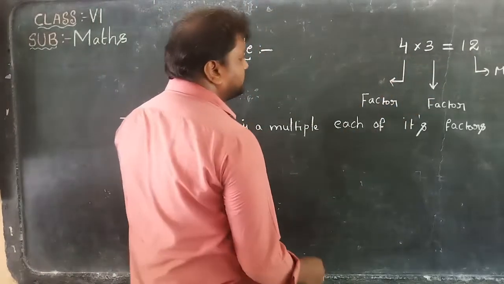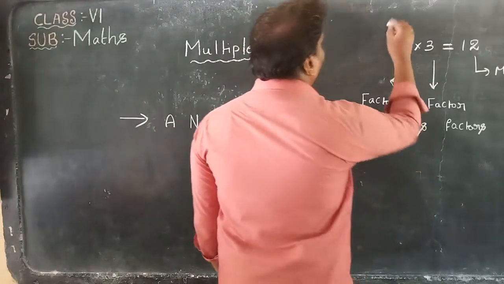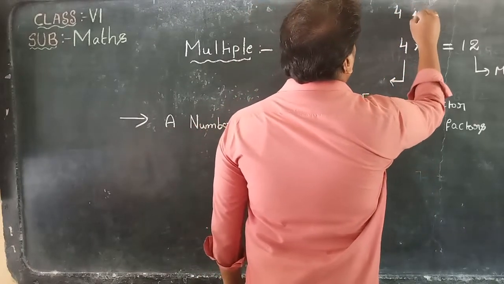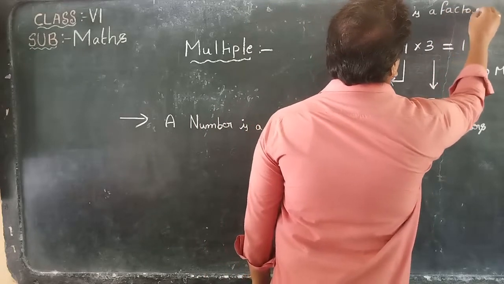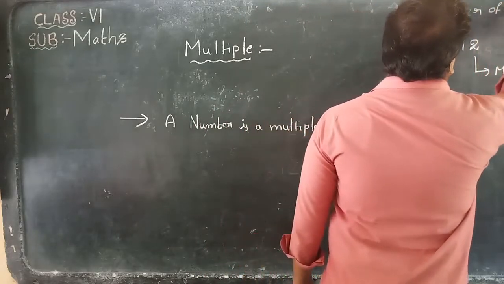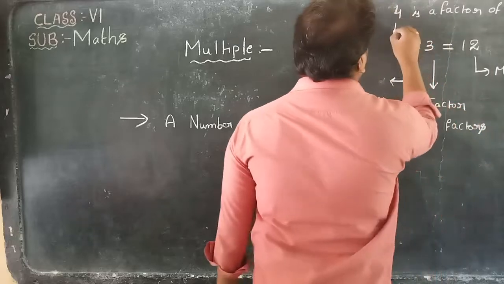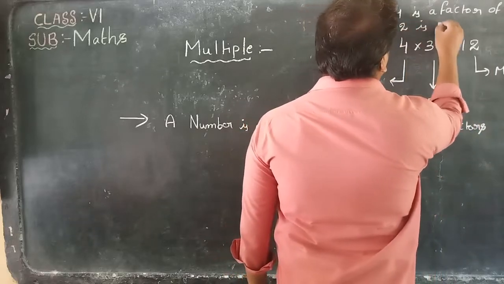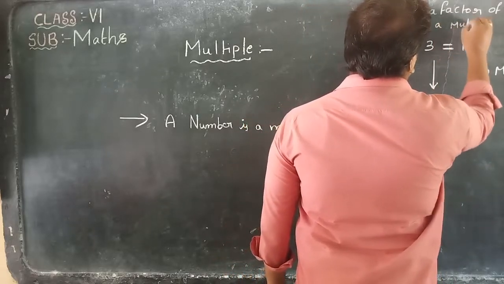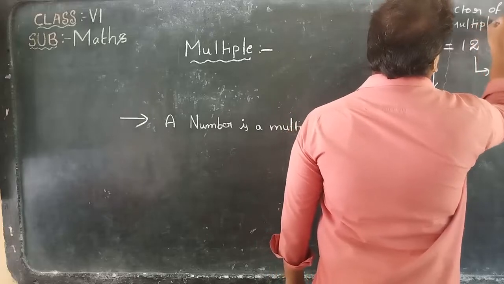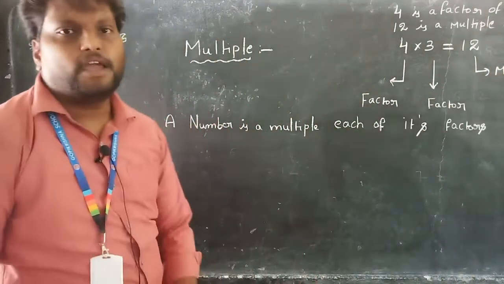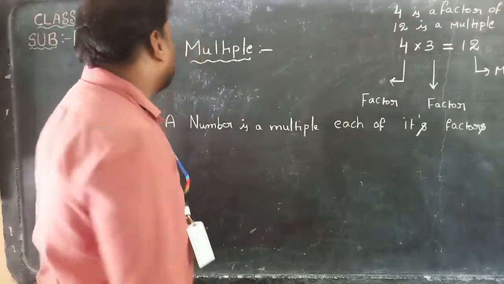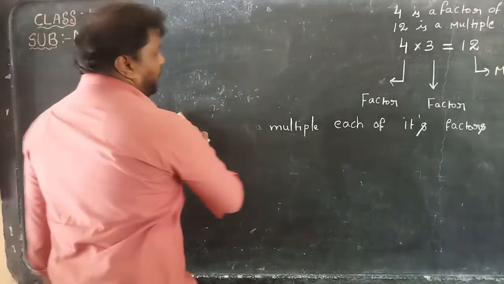From this we can write 4 is a factor of 12, and 12 is a multiple of 4. This is the multiple and the factor.